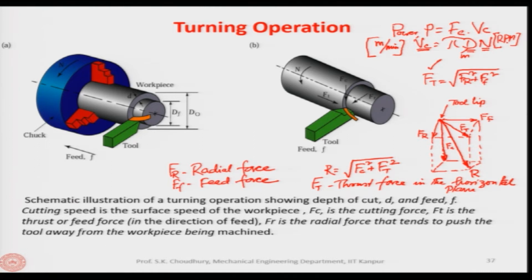Now, this force is responsible for the power consumption, and therefore it is important that the F c consumed during the process should be as minimum as possible, so that the power consumption remains minimum. What does it mean?